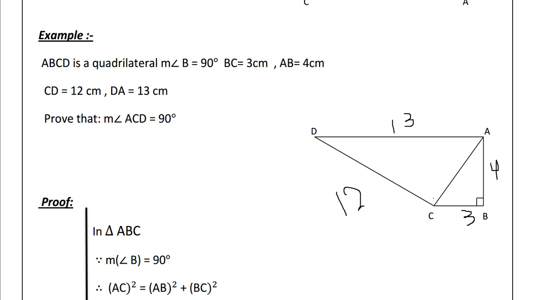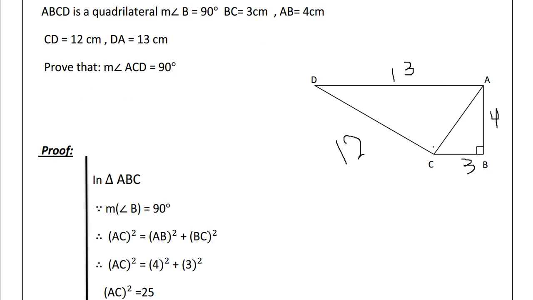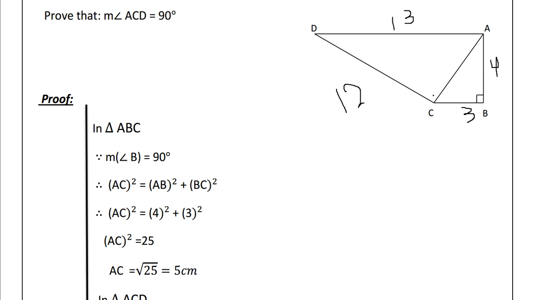Okay, so proof in triangle ABC. We will start with this triangle ABC. Since the measure of angle B is 90 degrees, AC squared equals AB squared plus BC squared. To get the length of AC, we will square AB, add the square of BC, and then take the square root.